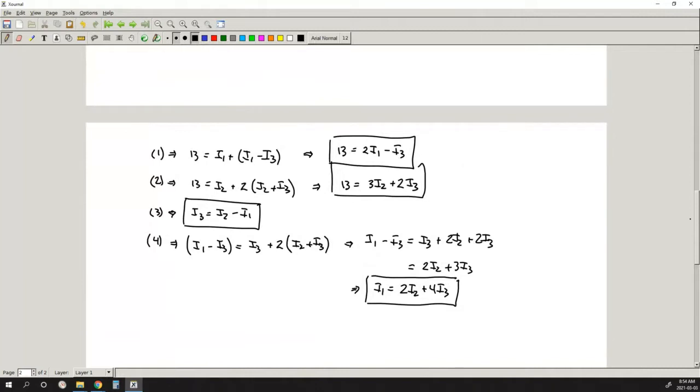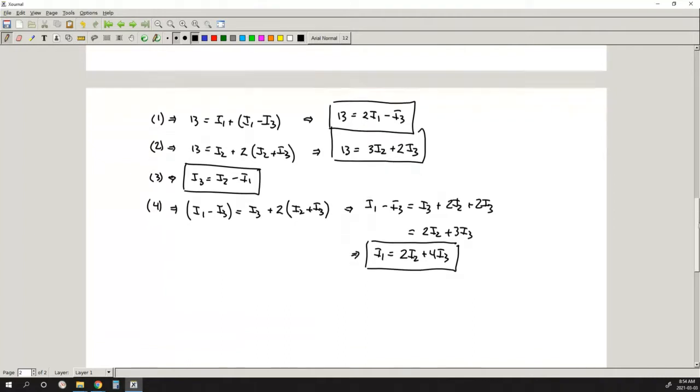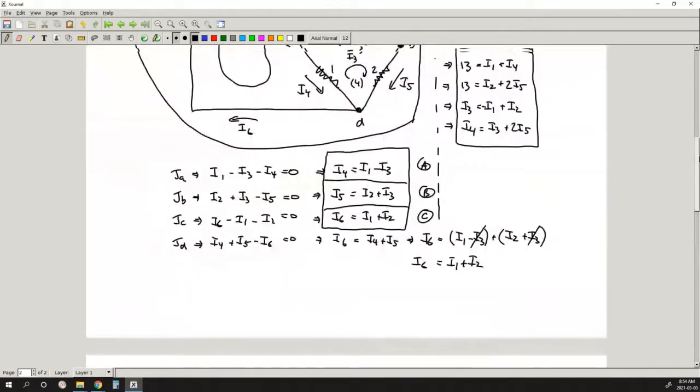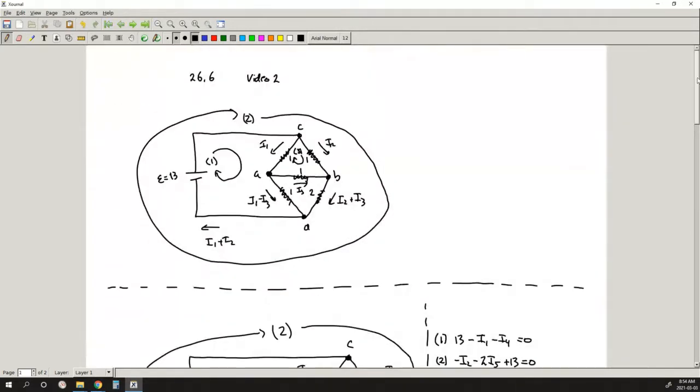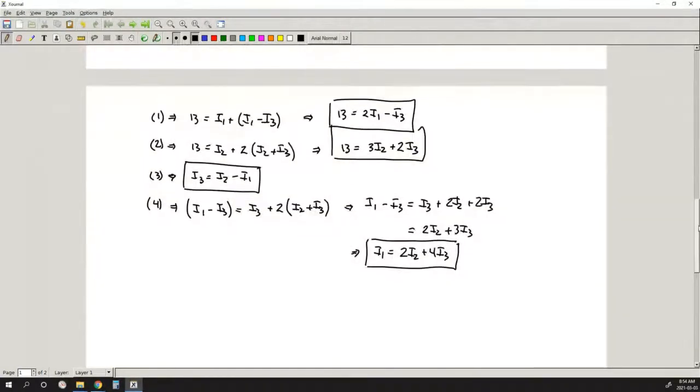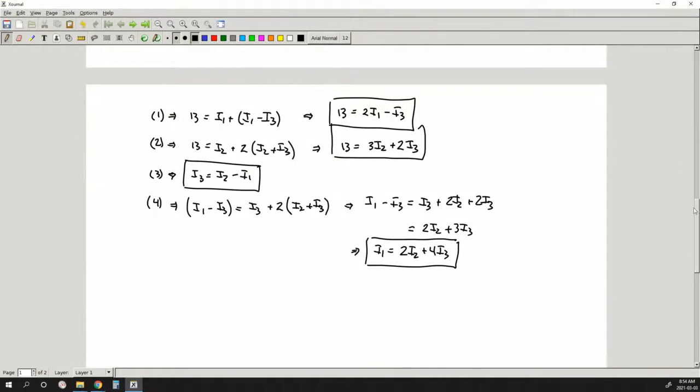The plan now is going to be to use this equation that we have here to eliminate I3 from equations 1, 2, and 4. So we'll just substitute these in, and this is how a lot of these sort of problems go. Either you can see a clever way in the beginning to clean things up, like we saw here, and maybe there's even more clever ways, or you have to just plug and chug all the way through, and there's a bunch of equations you have to solve, and it gets kind of messy, but at least it's very procedural.